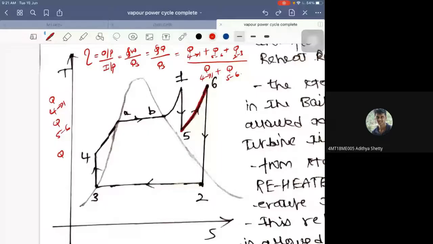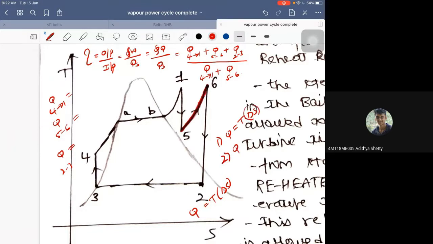Can anyone tell me how I calculate these three things? Either you can calculate in terms of T into delta S. So Q can be calculated in these terms, guys. First, Q can be calculated as T into delta S. That is one type of calculating heat.